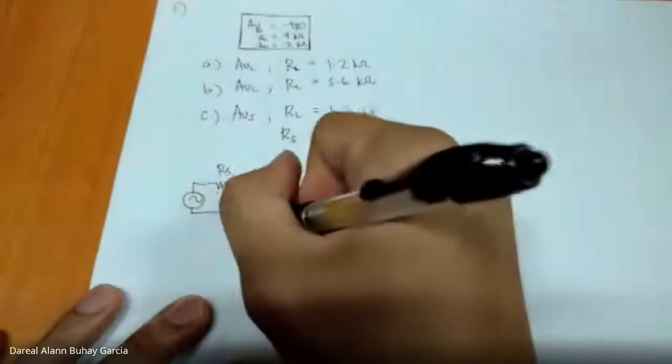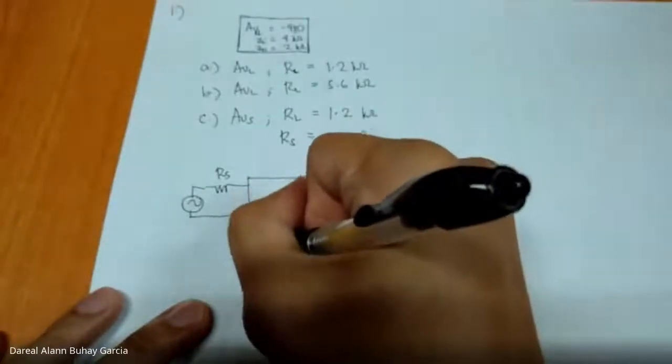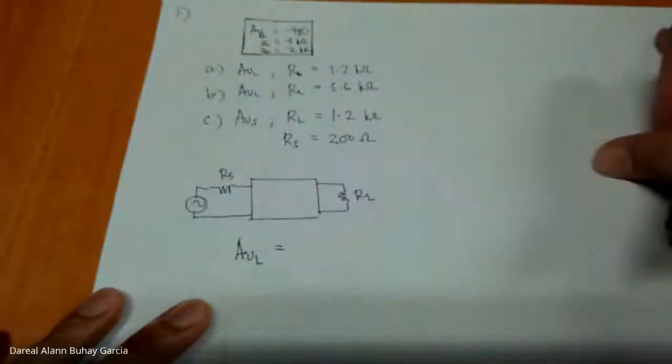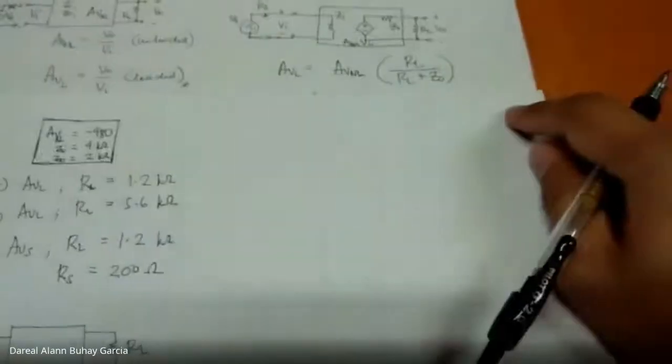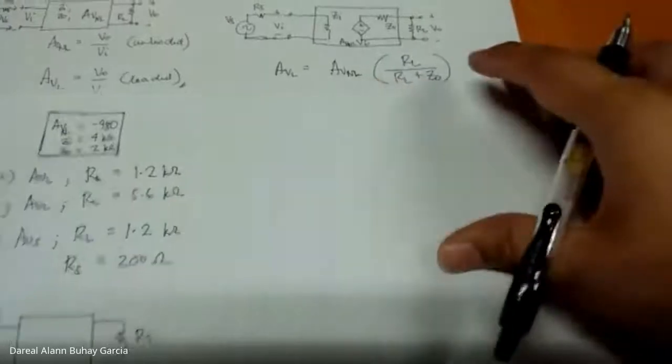Loaded voltage gain. AVL is equal to AVNL times RL over RL plus ZO.